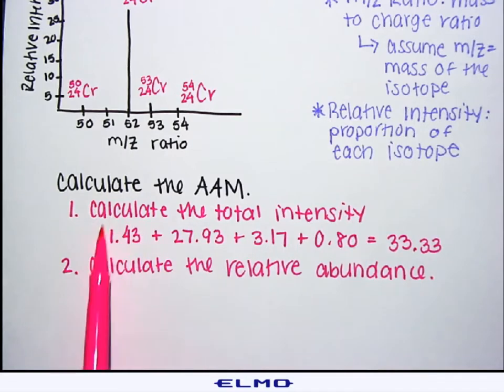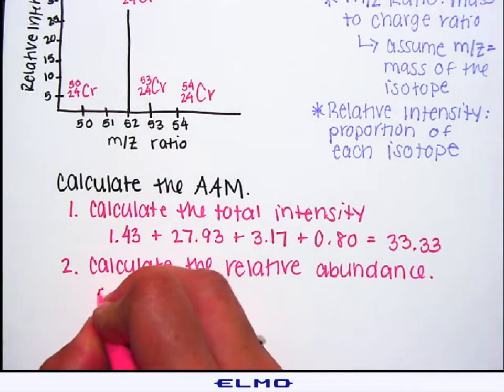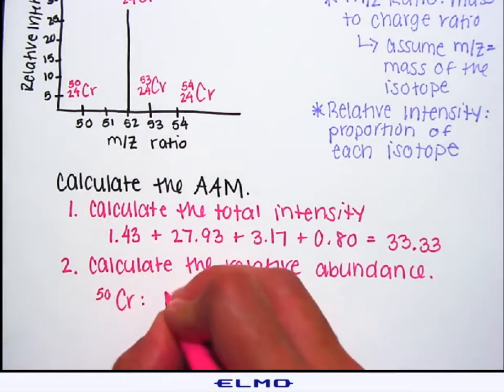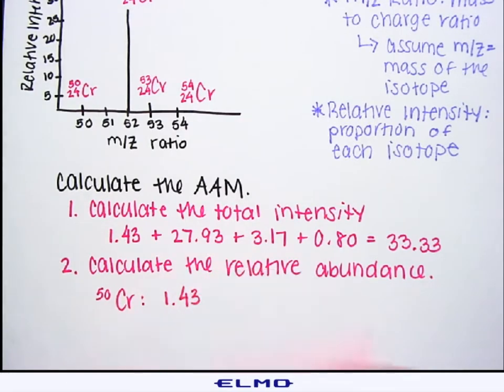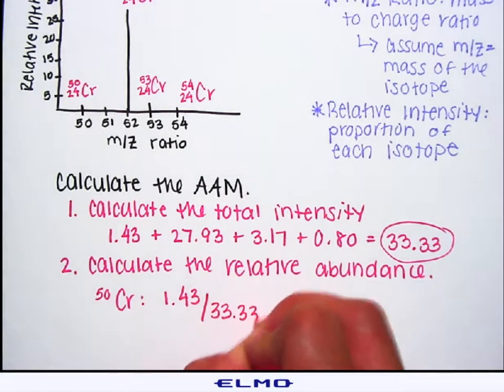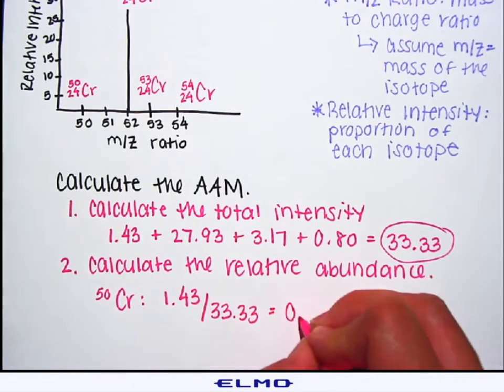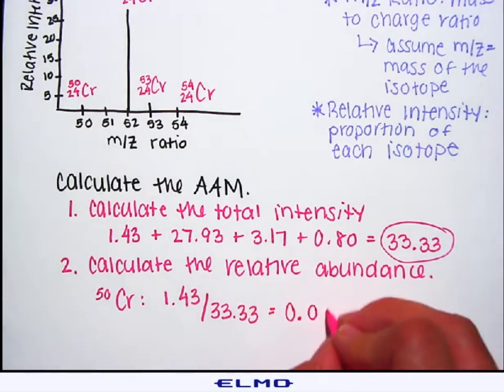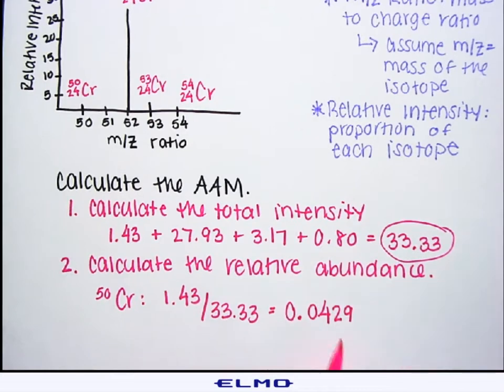So the first isotope, its relative intensity was 1.43, out of a total intensity of 33.33. So pretty much all we're doing here is figuring out what percent of our sample had a mass of 50. 1.43 out of a total of 33.33. So about 4% of the sample had a mass of 50.